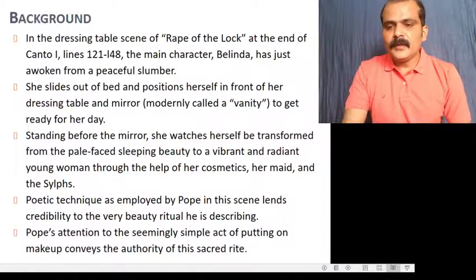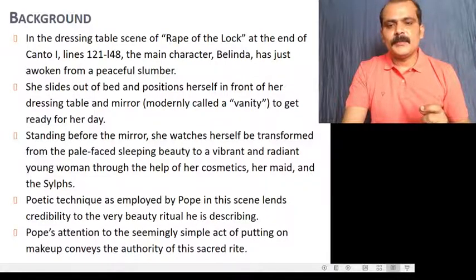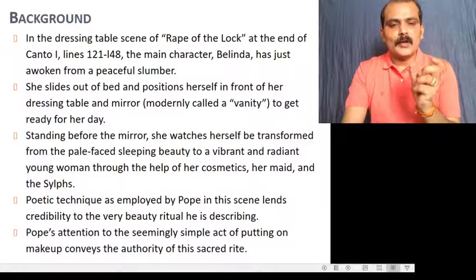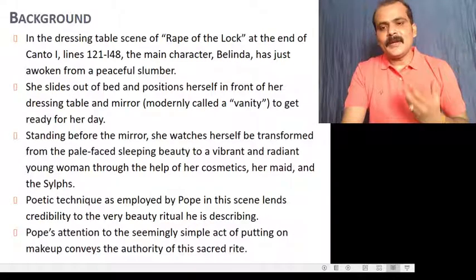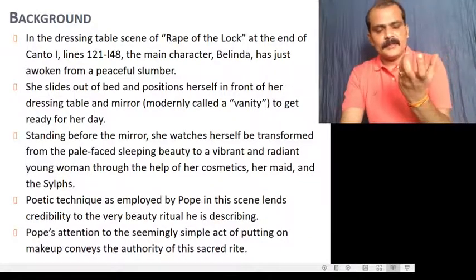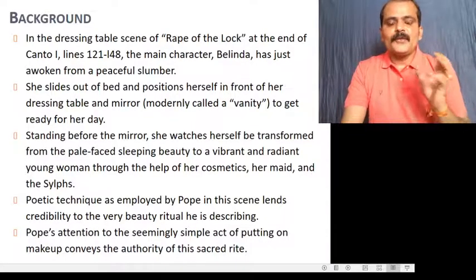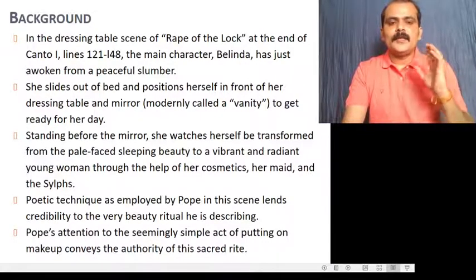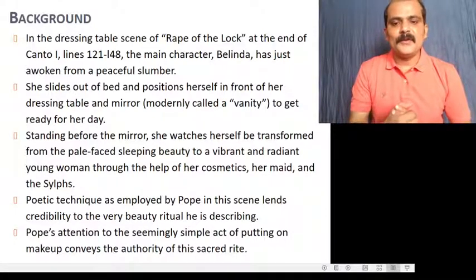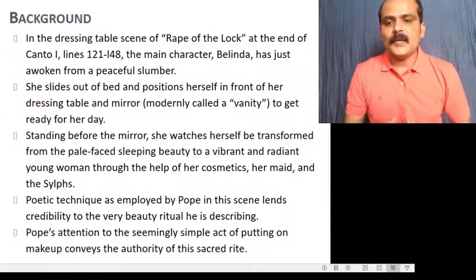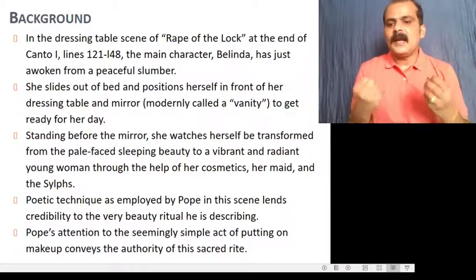She slides out of bed and positions herself in front of her dressing table and mirror, modernly called a vanity, to get ready for her day. The dressing table and mirror play a very important role in this poem. Standing before the mirror, Belinda watches herself be transformed from a pale-faced sleeping beauty to a vibrant and radiant young woman through the help of her cosmetics, her maid and sylphs.